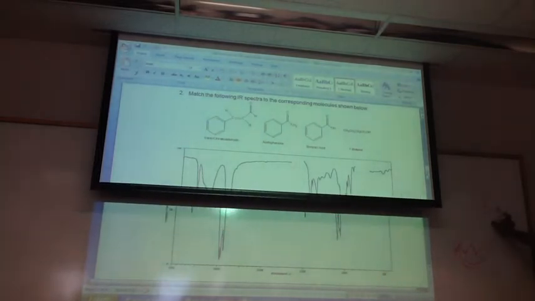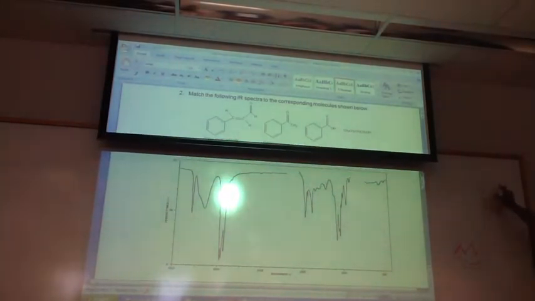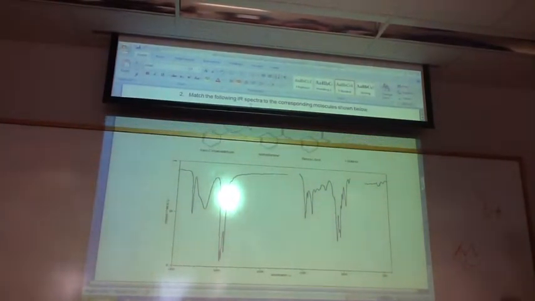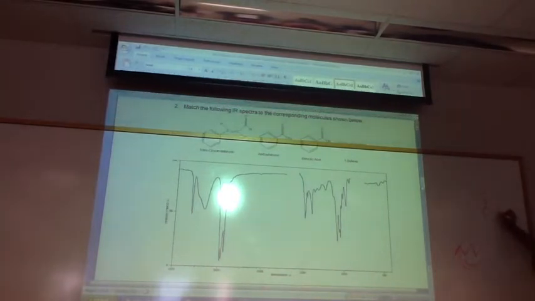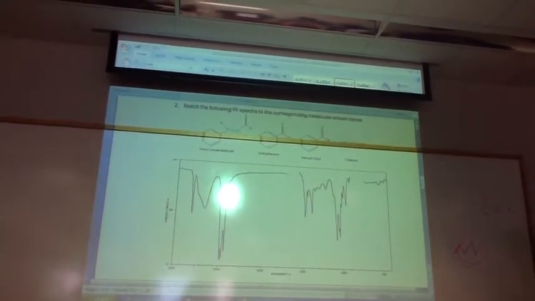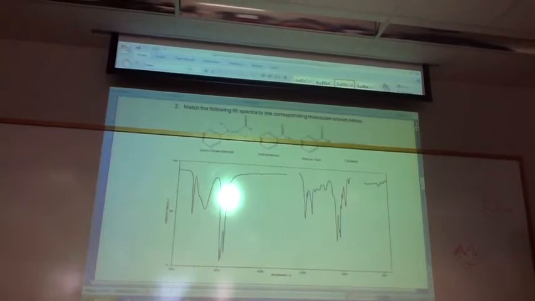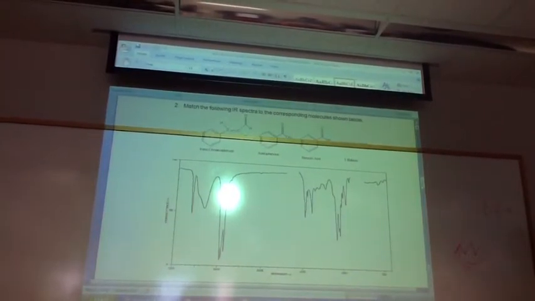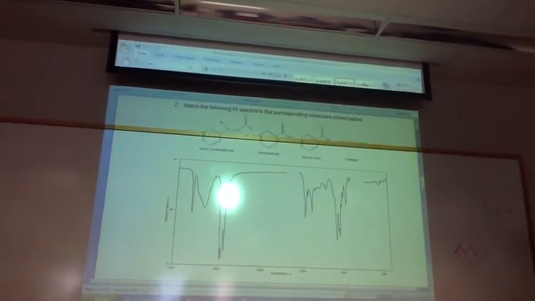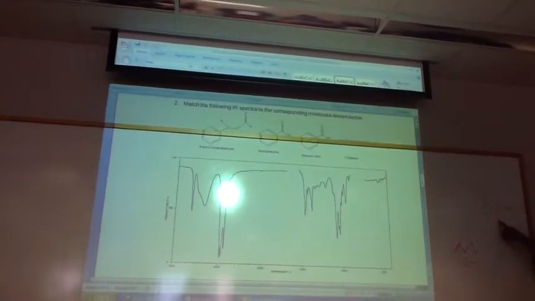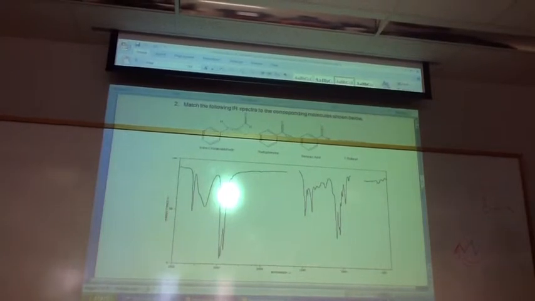Remember, if we have an N next to a C double bond O, that's an amide. You said a ketone, aldehyde, carboxylic acid, and ester. Good.